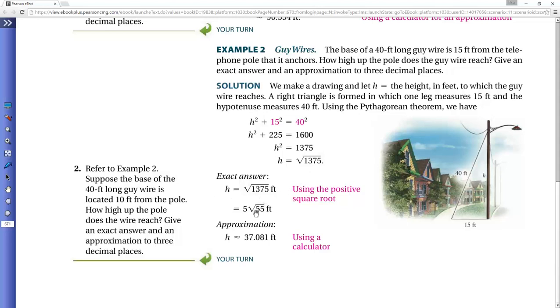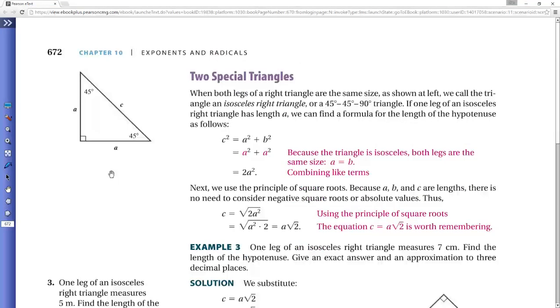So again, it's a distance issue, real distance, so we're dealing with the positive value, and then we simplify this square root and keep it accurate, and it's 5 square roots of 55, and then the approximate is 37.081. Okay, so 2 applications of Pythagorean's theorem.